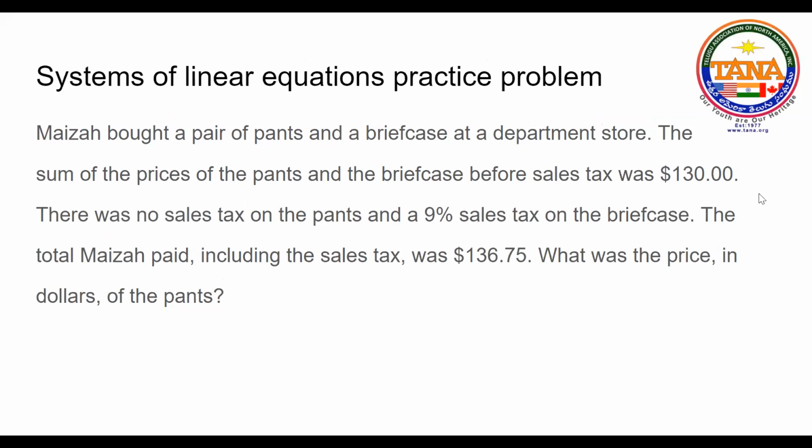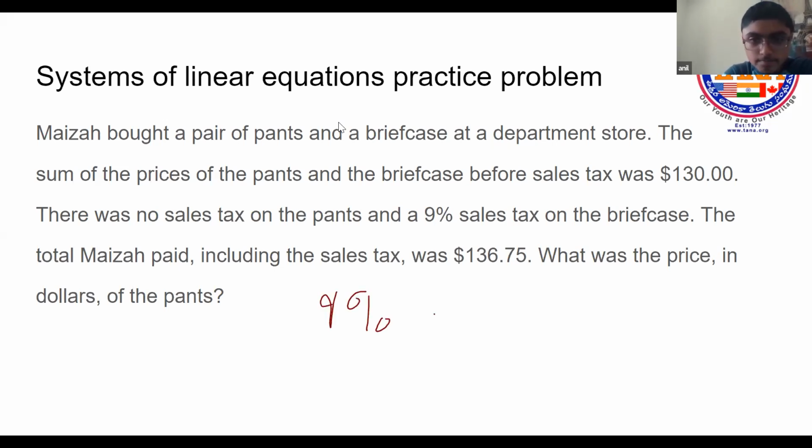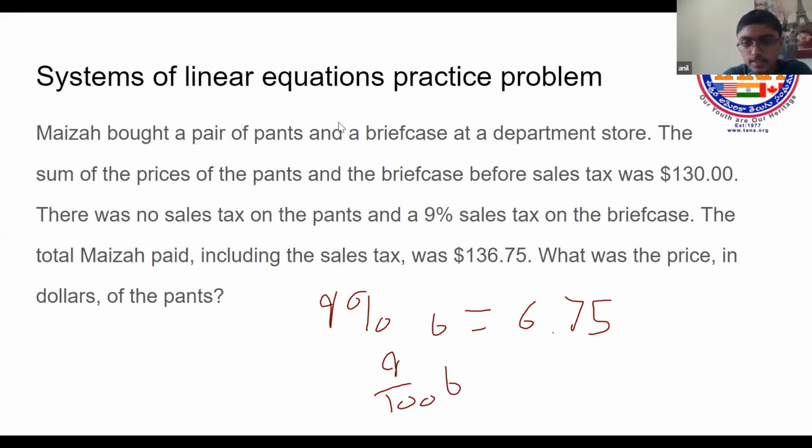Okay. So wait, how did you get $75? I'm a bit confused about that. How did you get the price of the briefcase? Okay, so I'll say it again. I don't think I was very clear about it before. So you have 9% of the briefcase, right? Equals 6.75, simply because that's the only difference between the two. So you can convert that into 9/100 because that's what 9% is, times B equals 6.75.